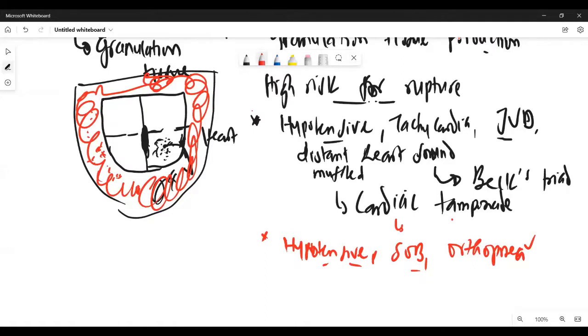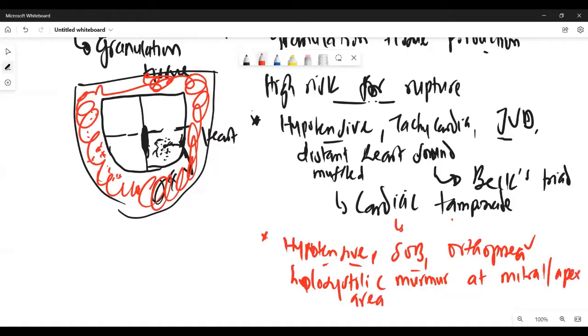And when you examine the patient, there is a holosystolic murmur at the mitral area, or sometimes they will say at the apex. The apex is where we listen to mitral. And if they want to help you, they can say it radiates to the axilla.